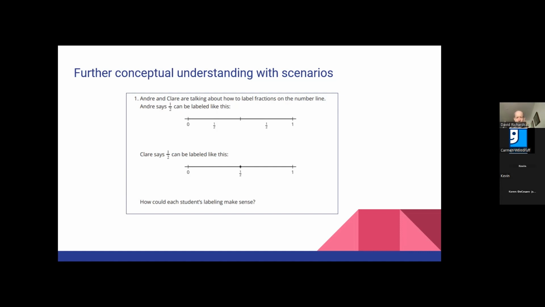That gives the students a better understanding that we chopped this line into 4 sections. And the half that is written there represents the half between the first two hash marks, right? These two marks.